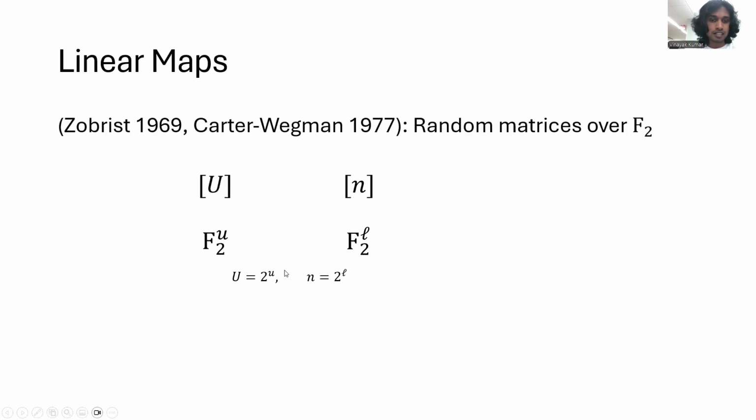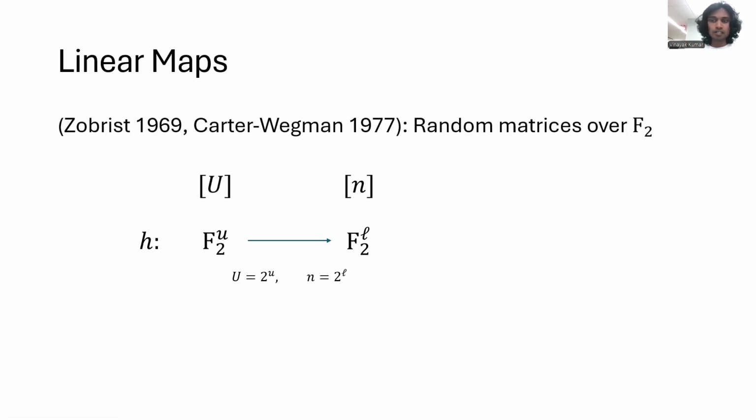So here, big U equals 2 to the little u, and n equals 2 to the L. For the rest of this talk, L is going to denote log base 2 of n. Now that I've added some algebraic structure to these discrete sets, I'll think of my hash map as just a random linear map from F2 to the u to F2 to the L. That's it.